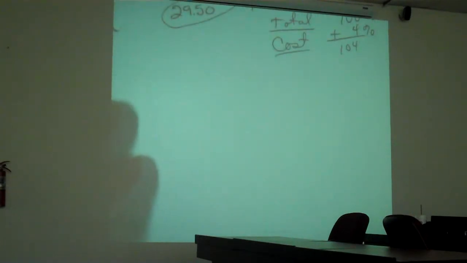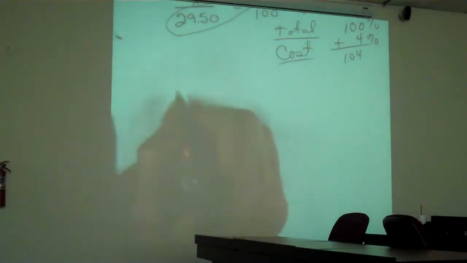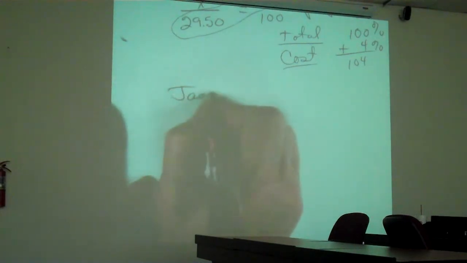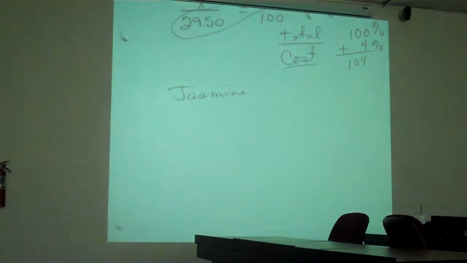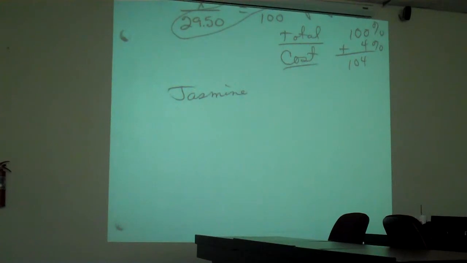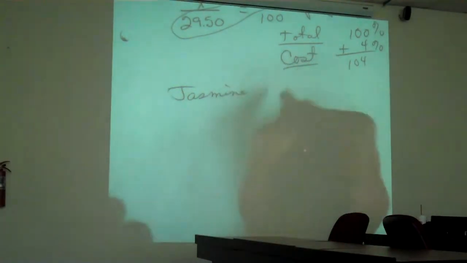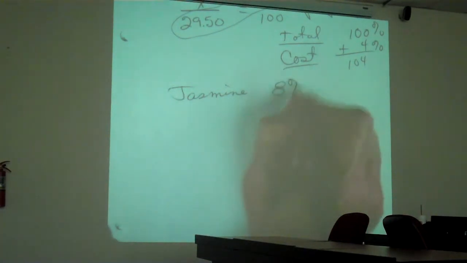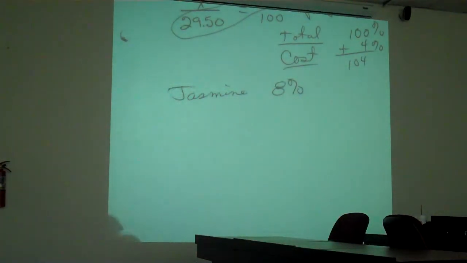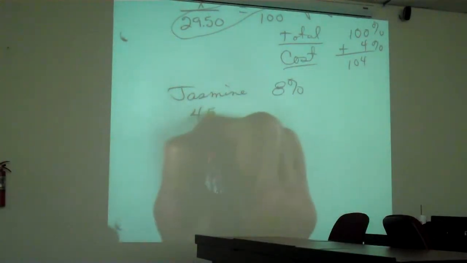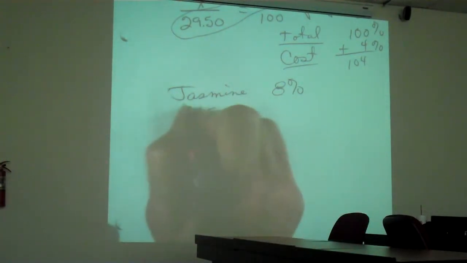Okay, let's say there's a commission. Somebody has a commission. Jasmine is one of them in the book here. Jasmine gets a commission of 6%. Let's say Jasmine's getting a commission of 8% instead. And what is her commission if she sells $45,000 worth of merchandise?